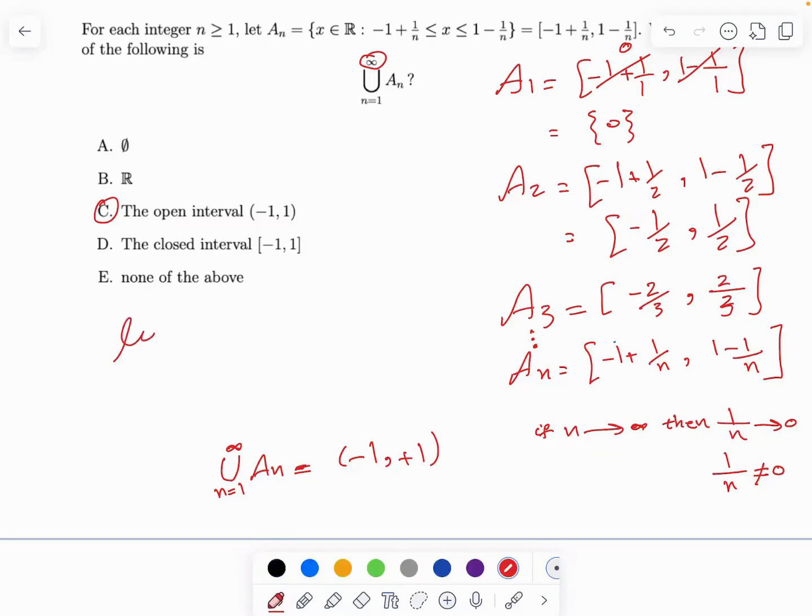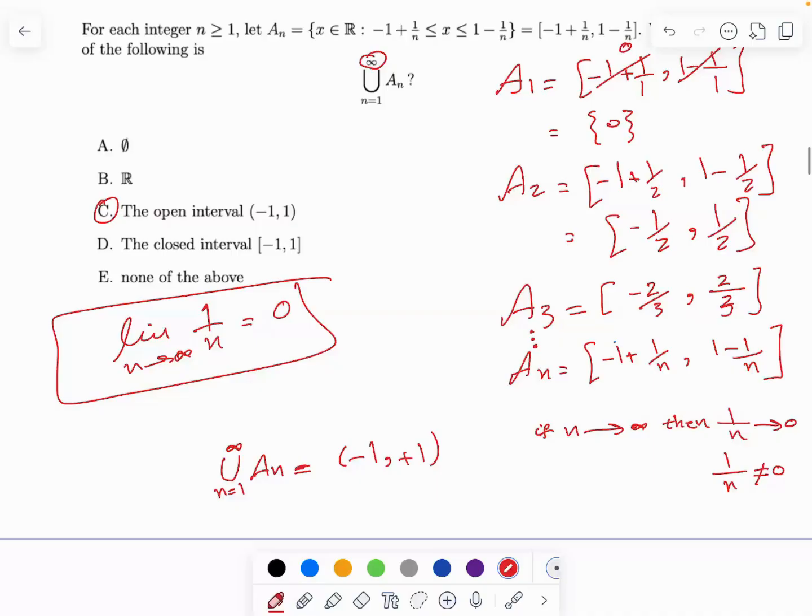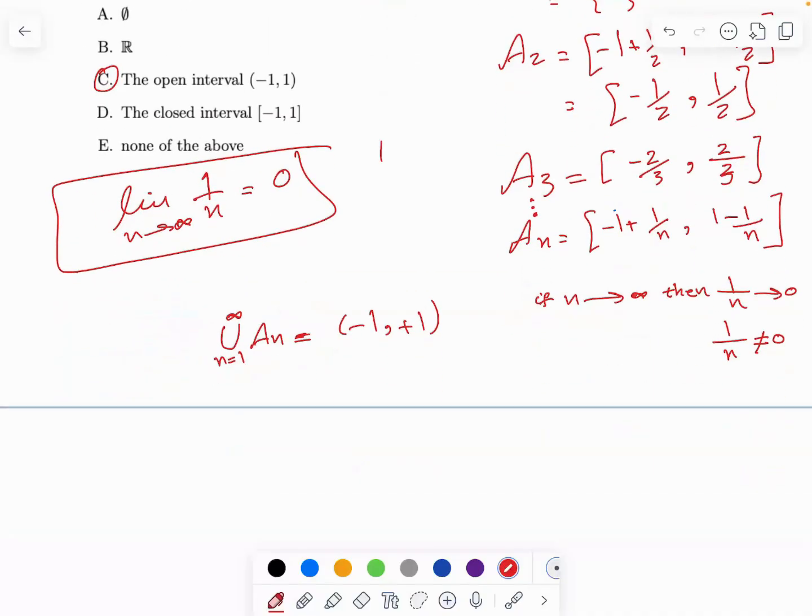It's a limit of 1 over n is 0. I can prove the limit, but the proof will make the situation worse because it will relate to epsilon. Roughly speaking, 1 over 1 billion, a billion, how many zeros does it have? 8. So it will be a tiny number.